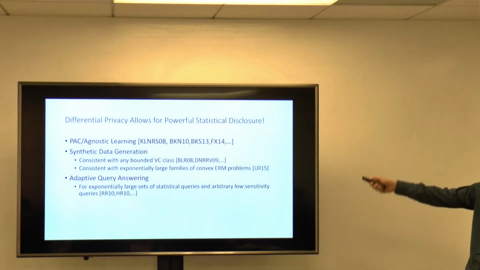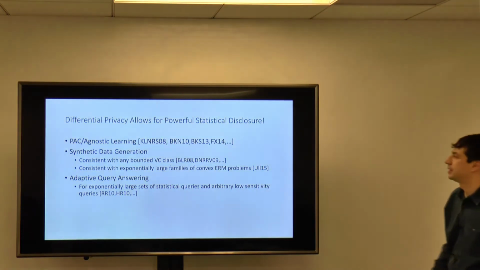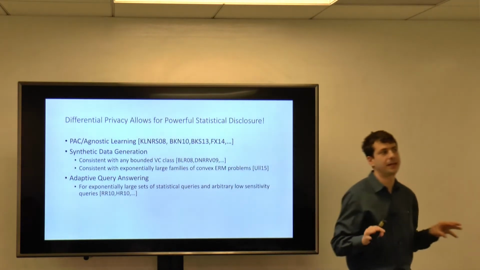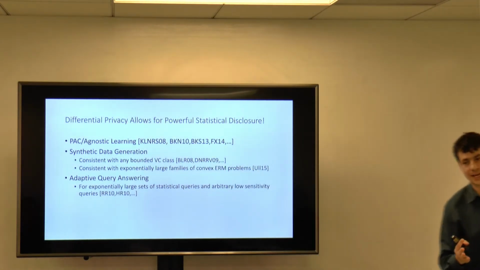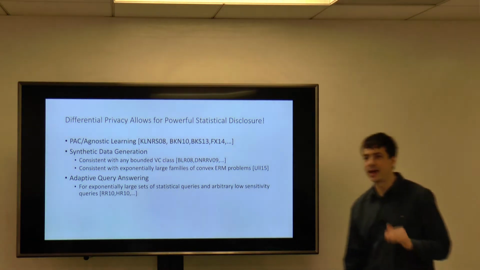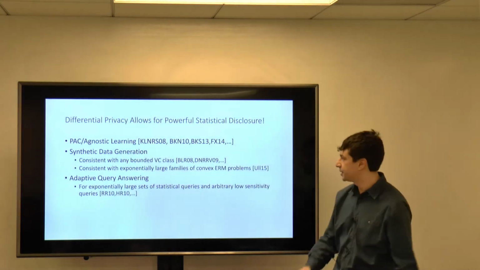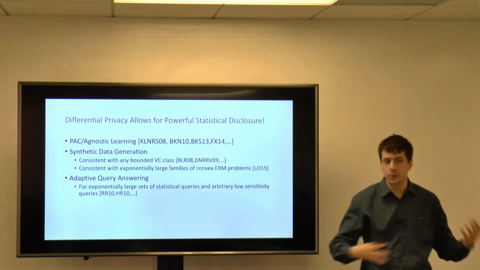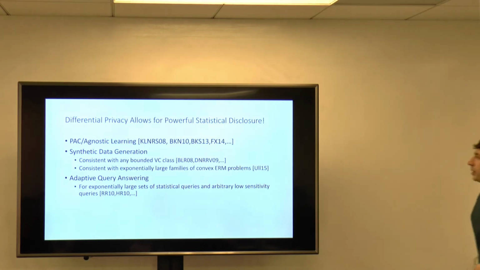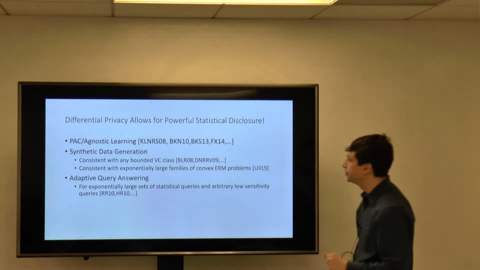So these are all information theoretic results saying there's lots of stuff you can do. You can do machine learning. You can do, in fact, synthetic data generation. Suppose I'd like to share my data set to allow other people to do machine learning. I'd like the data set I share to be consistent with exponentially many or infinitely many classes of statistical queries or empirical risk minimization problems. You can do that too.